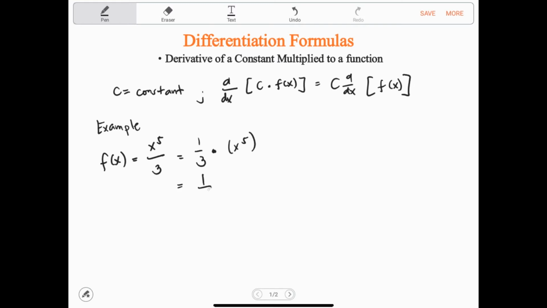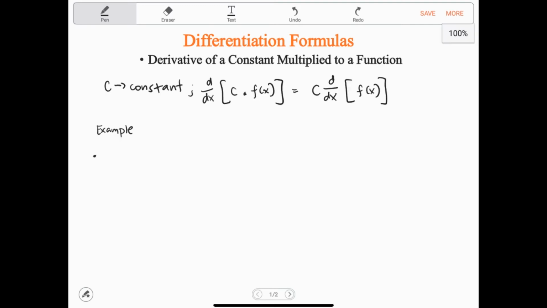So 1 over 3 times the derivative of x to the power of 5, 5x to the power of 4. Since it's multiplication, we can directly multiply. So it's going to be 5x to the power of 4 over 3.